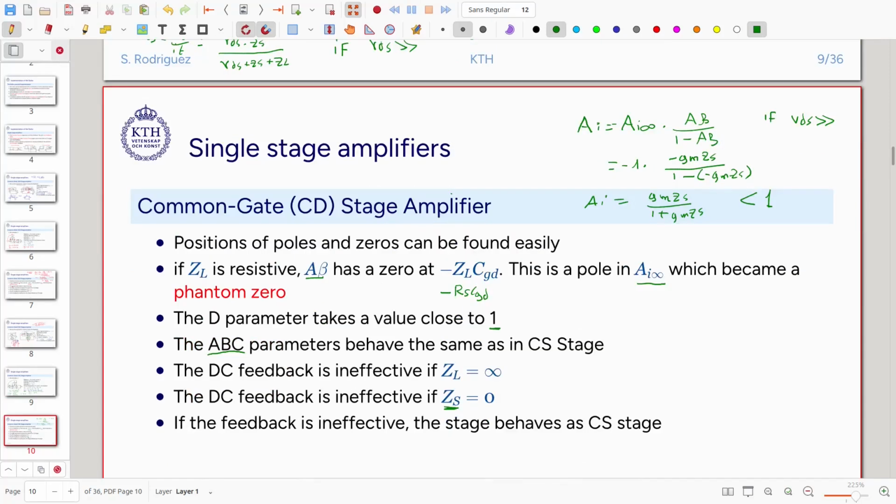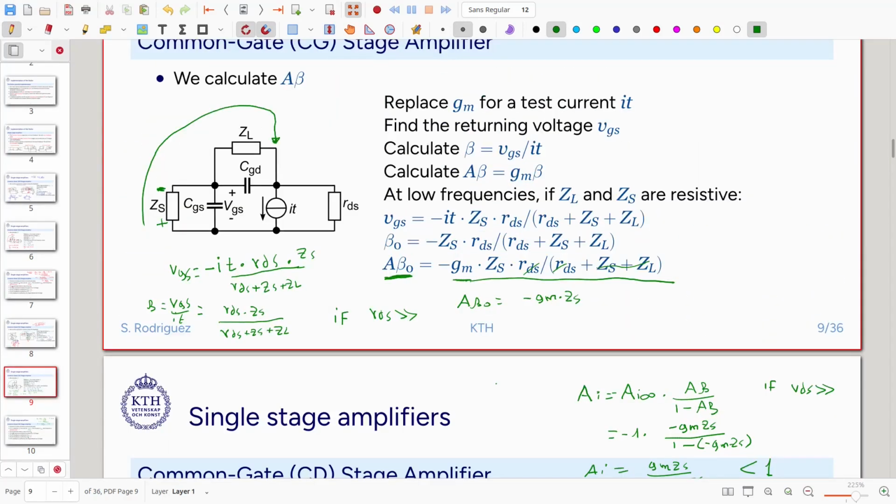Another observation is that the load is also very important, and that is not so evident, and sometimes we forget. We can see here that it is actually the load impedance that brings the feedback current through zeta s.